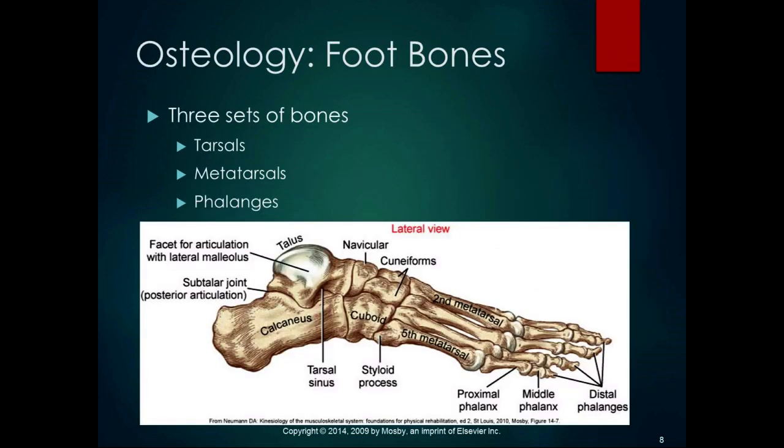So as we travel down from the tibia to the talus, there are three sets of bones in the foot. The tarsals, the metatarsals and the phalanges. The tarsals form the rear foot and midfoot, and the metatarsals and phalanges form the forefoot. So we'll go through each one of them.